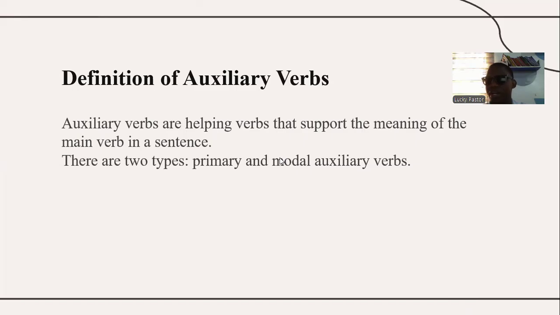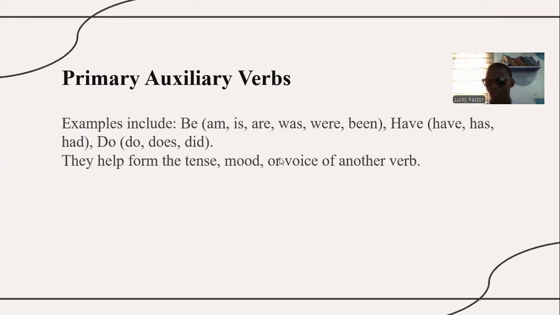So there are two types of auxiliary verbs. We have the primary and the modal auxiliary verbs. Now we're going to be looking at these types of auxiliary verbs quickly. The primary auxiliary verbs. Now, I will show you the examples of the primary auxiliary verbs, right? Like be. Be has some examples like am, are, were, is, was, and been.